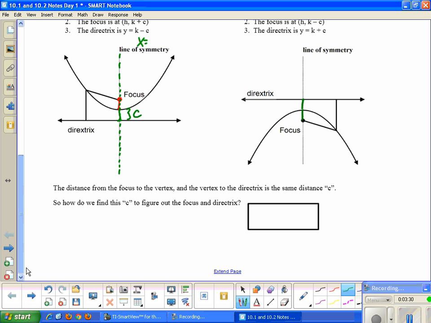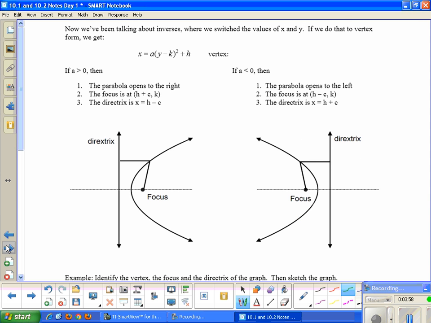So the distance from the focus to the vertex and the vertex to the directrix is the same distance, which we call C. So how do we find the C value to figure out the focus and directrix? Well, the absolute value of A is equal to 1 over 4 times the absolute value of C. And you have to know which way your graph is opening in order to know if your A is going to be positive or negative. Knowing that when A is positive it opens up and negative opens down is important. Those graphs aren't too bad because we've done parabolas that open up or down.